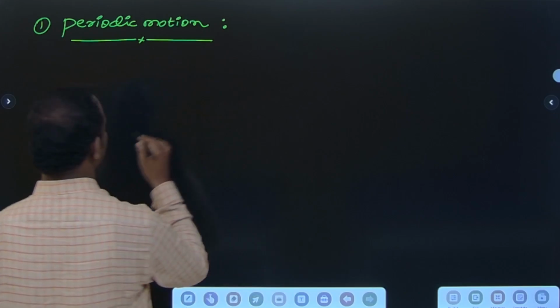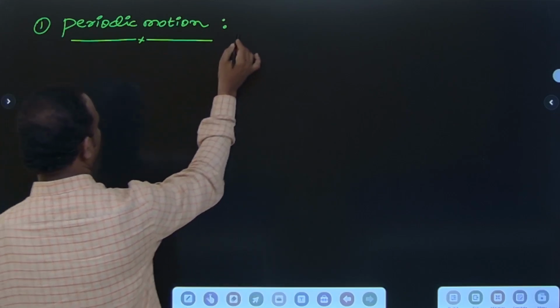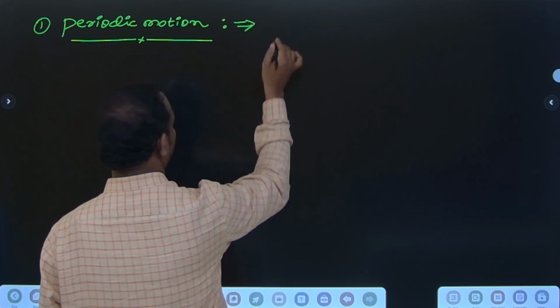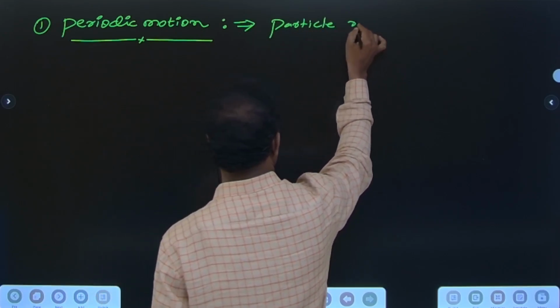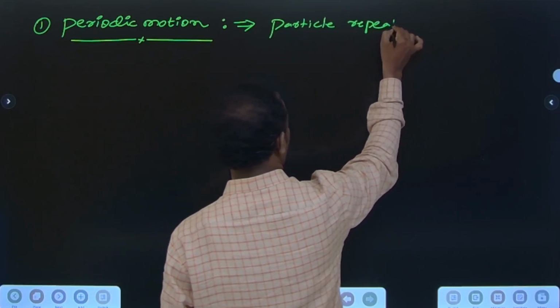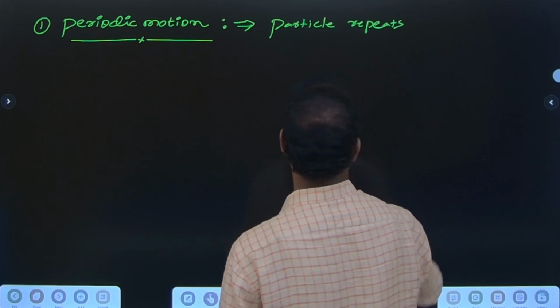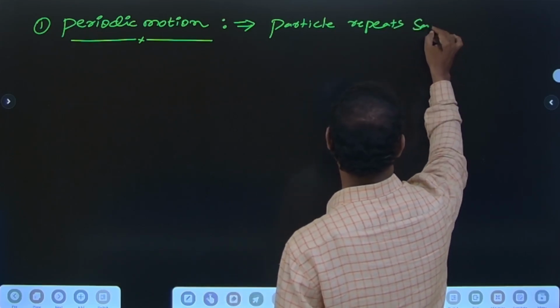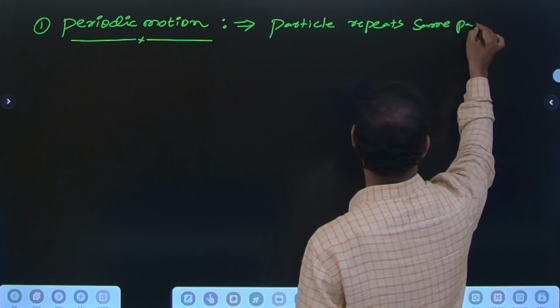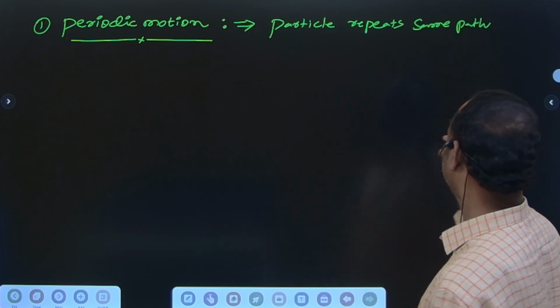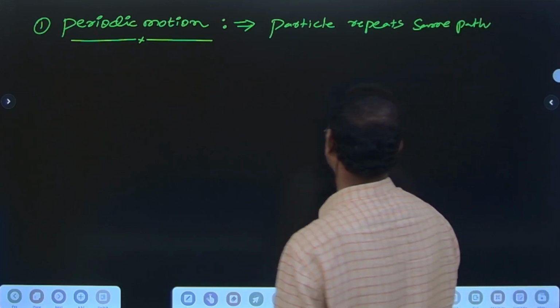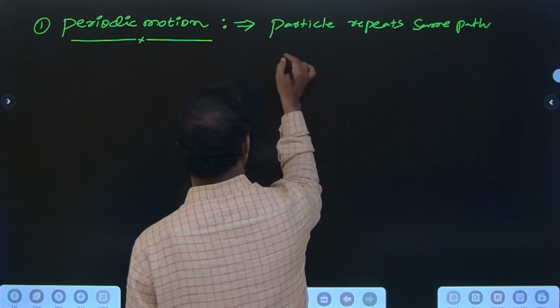So the particle repeats along the same path and in equal intervals of time.